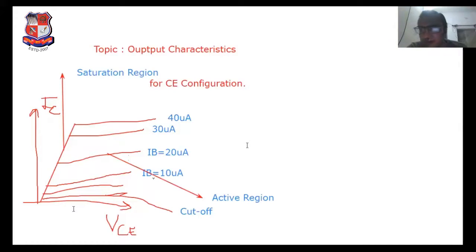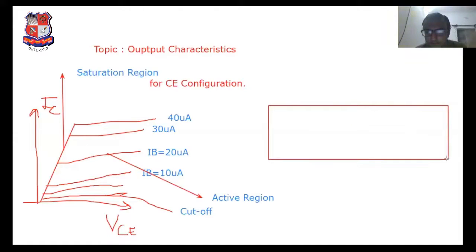Why is this constant? That I have explained with the help of transistor. See this, this is an NPN transistor.